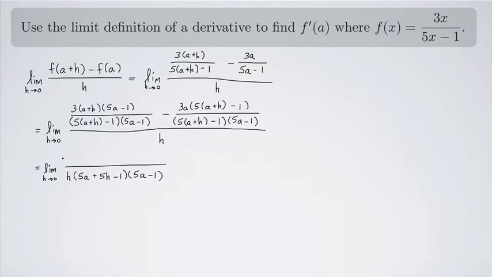And on the top, I'm going to have this whole thing minus this whole thing. So it's going to be 3 times a plus h times 5a minus 1 minus 3a times 5a plus 5h minus 1.